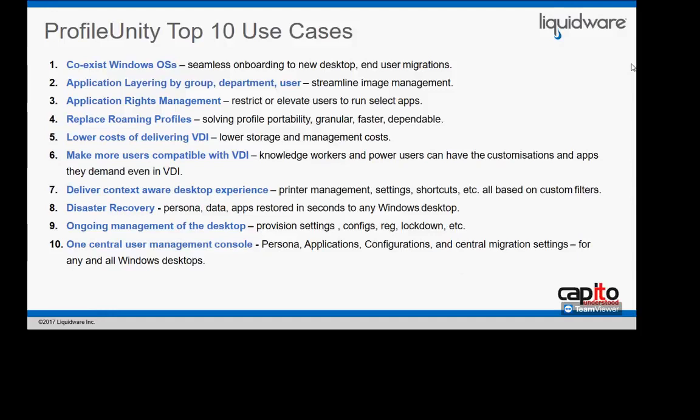Obviously, I can lower costs. We've got roaming profiles, and we deliver a context-aware desktop, so you get the right thing based on who you are, where you're logging in from, and what you're allowed to do. So in your example, your developers can install their own apps. The guys in the marketing team cannot.